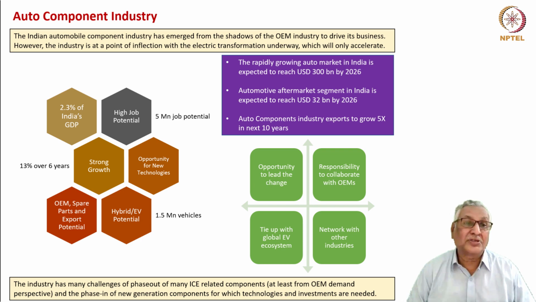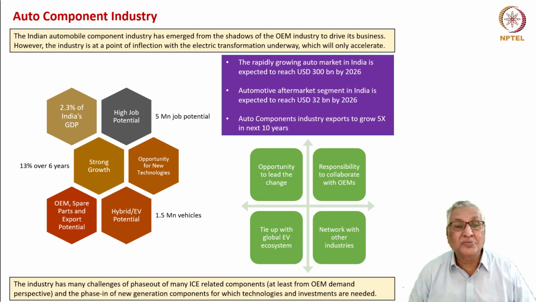Allied to the automobile industry is the automobile component industry. Initially, it was in the total shadow of the original equipment manufacturing industry, that is the end automobiles. However, today the automobile component industry has emerged from the shadows. It is an industry in its own right, with its own production capabilities, with its own ability to serve other engineering and infrastructure sectors, and more importantly, a hub of export production.